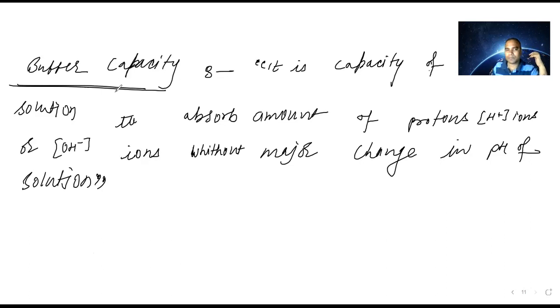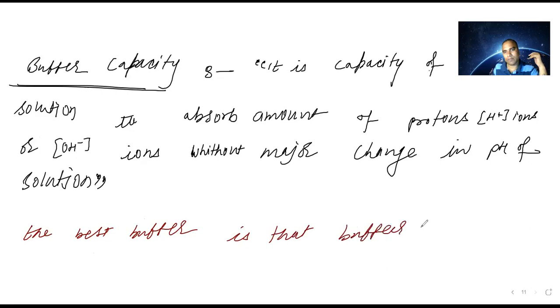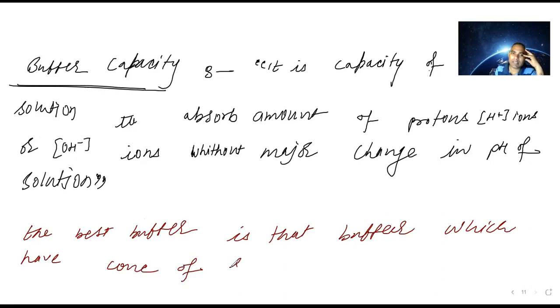Is it okay? The basic buffer they are talking about is that buffer which has concentration of salt, or I'm writing A minus, equal to concentration of acid.